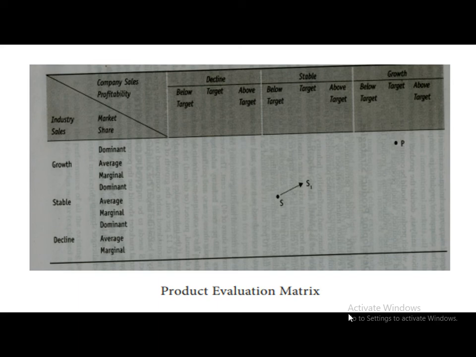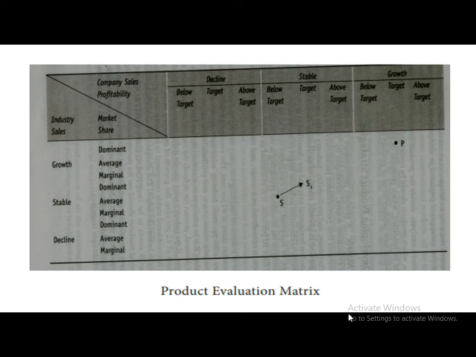Company sales are assessed on the horizontal axis and are grouped as growth, stable, and decline. In the same manner, profitability is classified as below target and above target, and market share as dominant, average, or marginal.